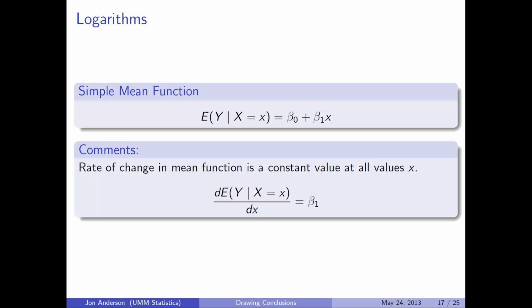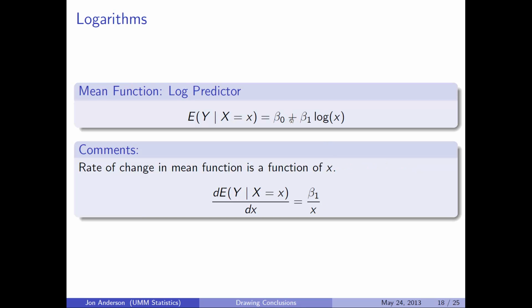Here's just a review about what the impact is of a particular predictor variable x. If the model mean function is beta naught plus beta 1 times x, and you study how the mean function changes when x changes by 1 unit, well, the mean function changes by beta 1. Let's suppose we have a mean function that is involving the logarithm of x.